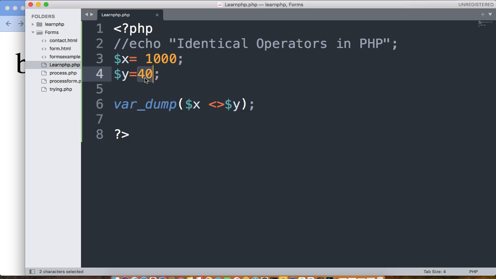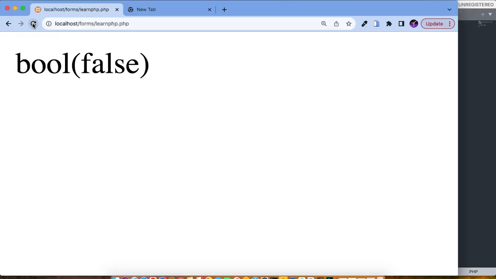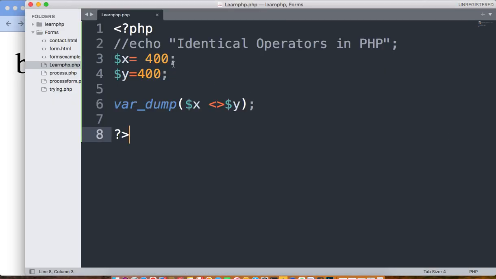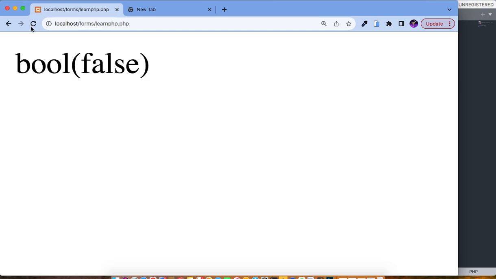If we put 400 here and 400 there, it's false, because x is equal to y.